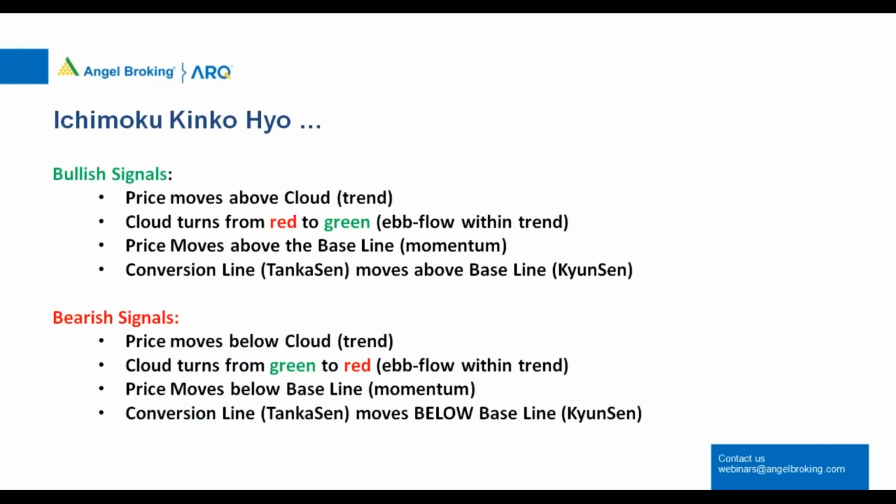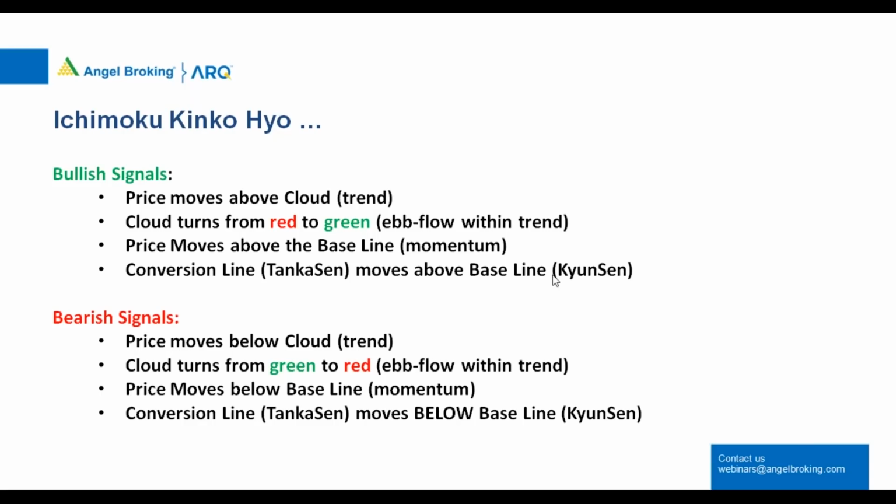Likewise, for a bearish signal, prices move below the cloud, that is, it is trading below, and the cloud turns from green to red. So what we are seeing is that earlier the markets were bullish, but now they are bearish.